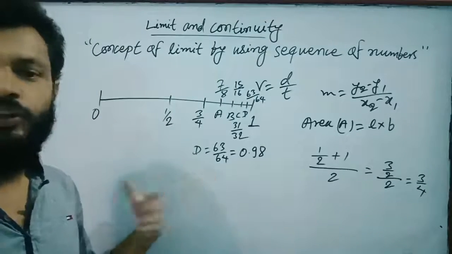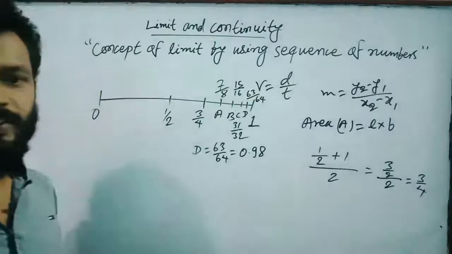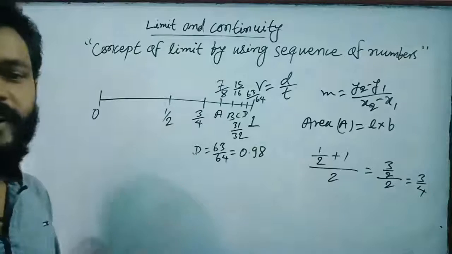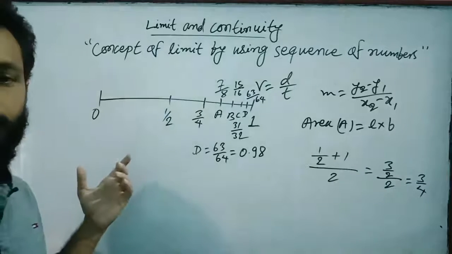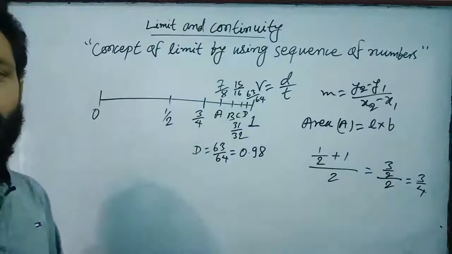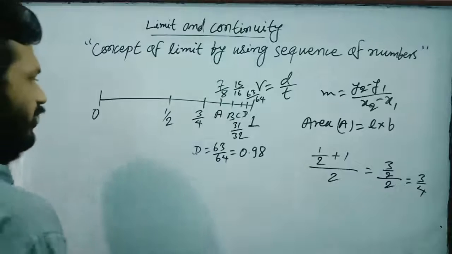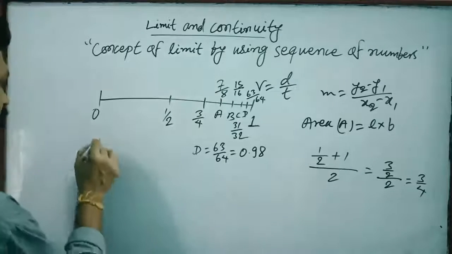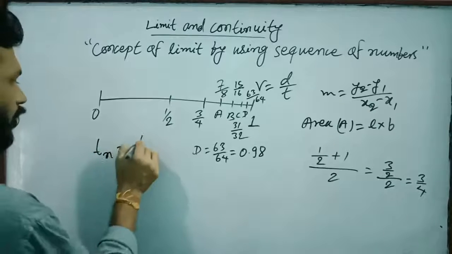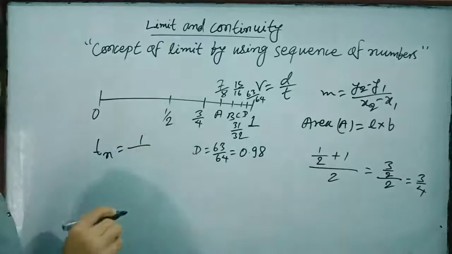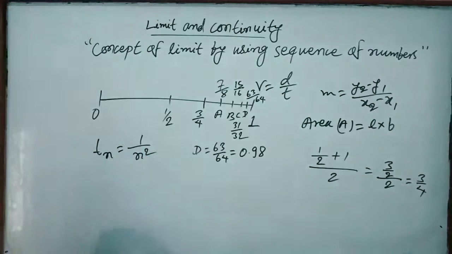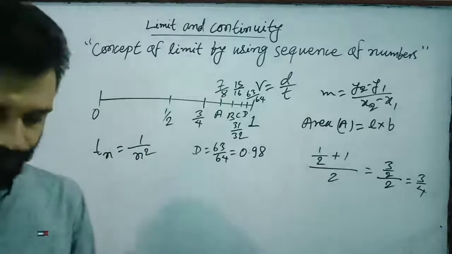Then suppose in a sequence, can you find the first 6 terms of a sequence whose nth term is given here, Tn equal to 1 upon n square.